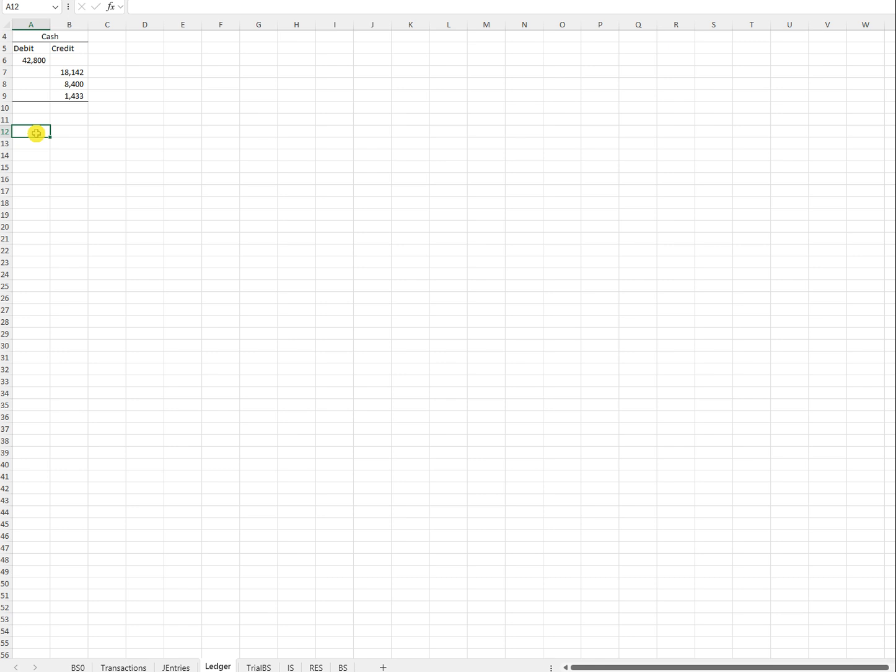We're going to do the same thing for accounts receivable, another important account, and for inventories, because there are so many debits and credits that it's not easy to figure out the ending balance.